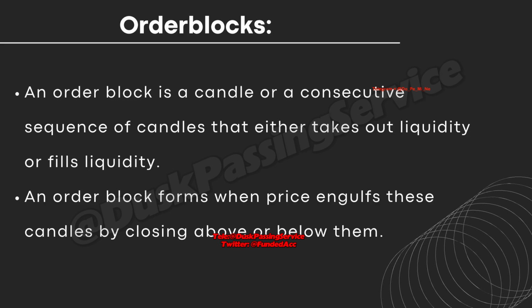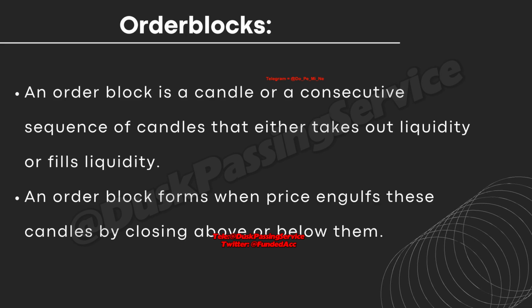To solve that problem, I've come up with, not someone else, but this is the most refined and objective definition that I could come up with for an order block. Moreover, it's the correct and logical definition for an order block. So an order block is a candle or a sequence of consecutive candles.